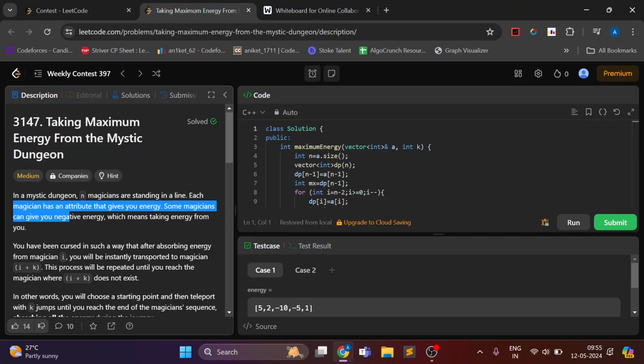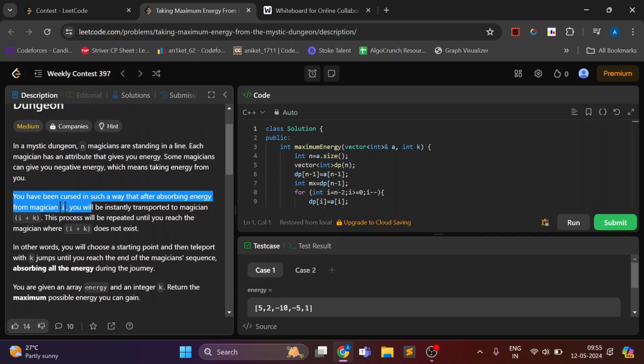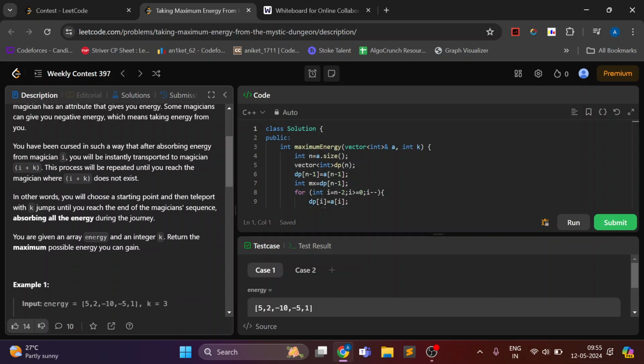So in this question we are given an array, and we can fix a starting position and jump to I plus k until we reach the end of the array, such that I plus k does not exist, or I plus k is greater than or equal to n if we are working with zero based indexing.